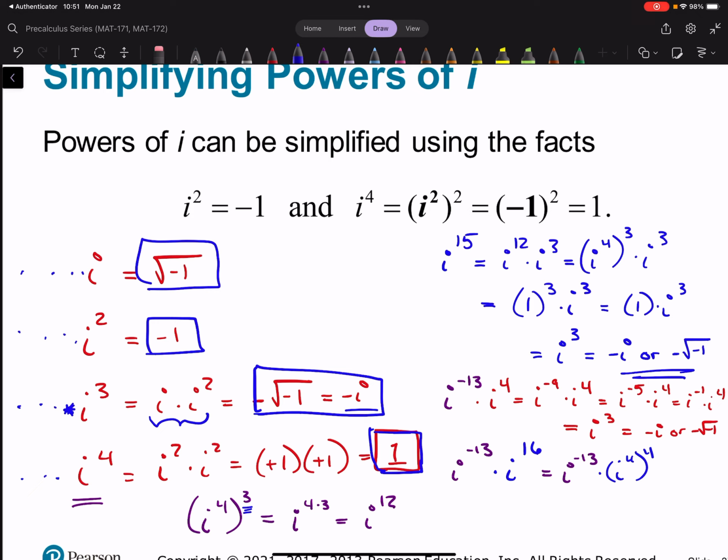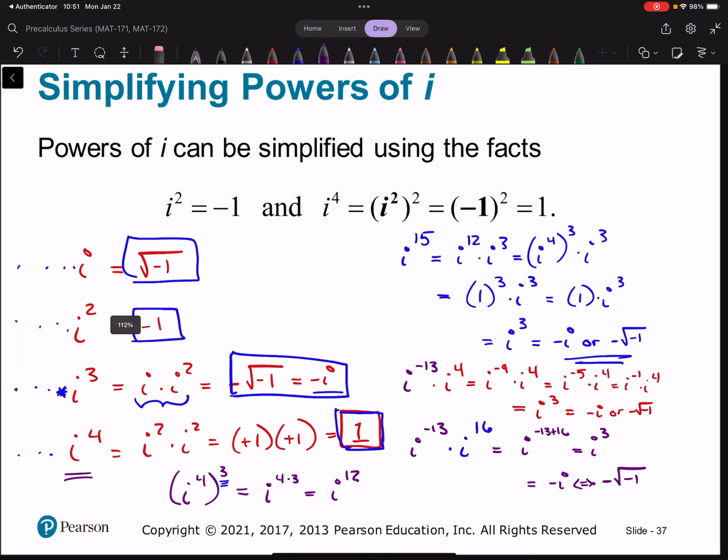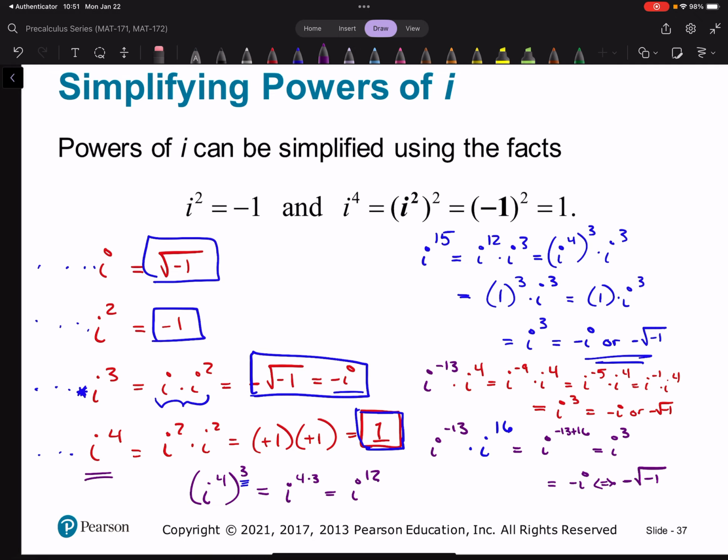So what ends up happening here, we add the exponents. So that's negative 13 plus 16, or i to the positive 3 power, which is where we can simplify our situation.